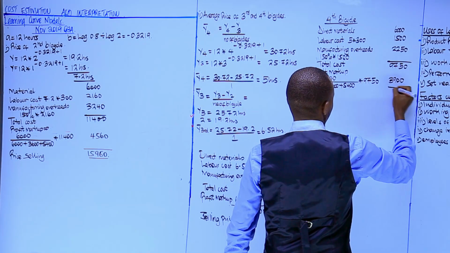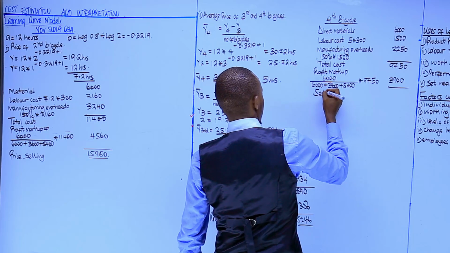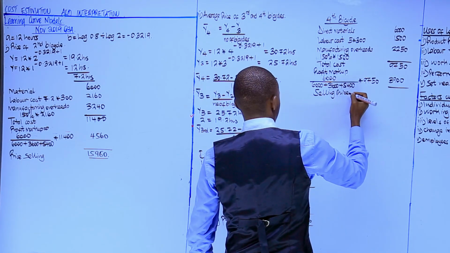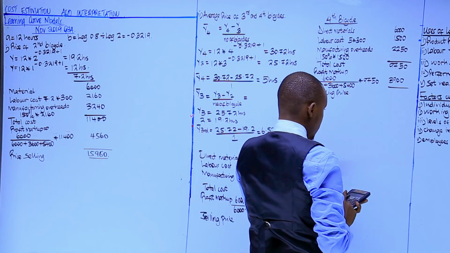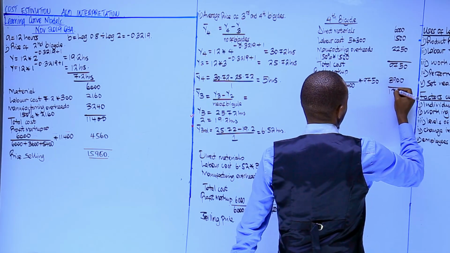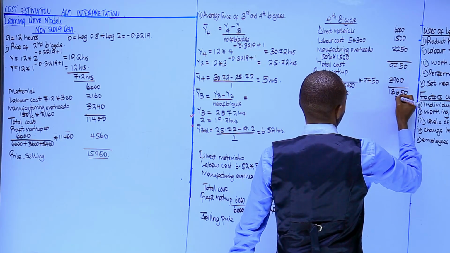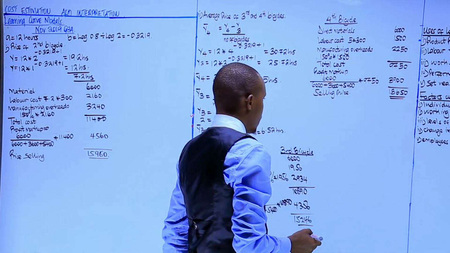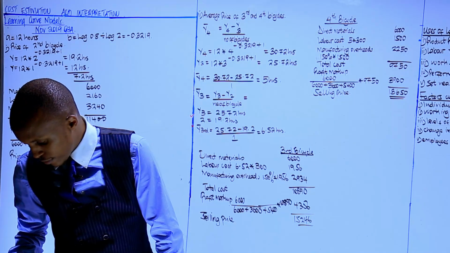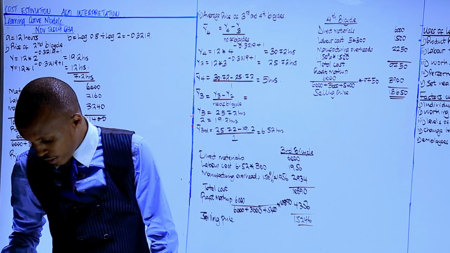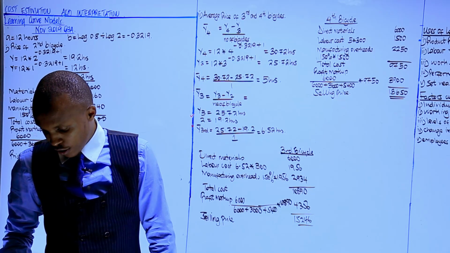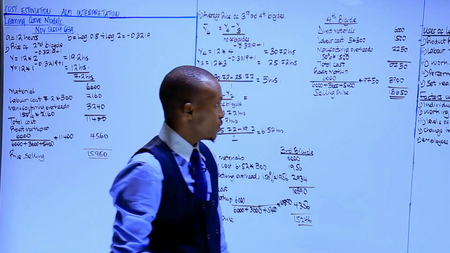That's 900. So that your selling price, the price of that fourth bicycle is 13,650.